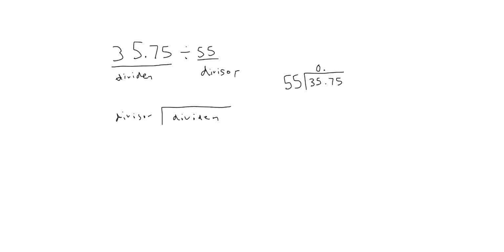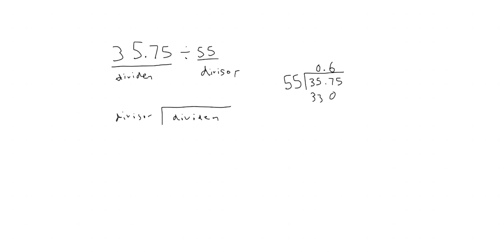I already did the math, so it's 6 times. You kind of have to play with it and see which quotient it is. 6 times 55, you work it out on the side, is 330.